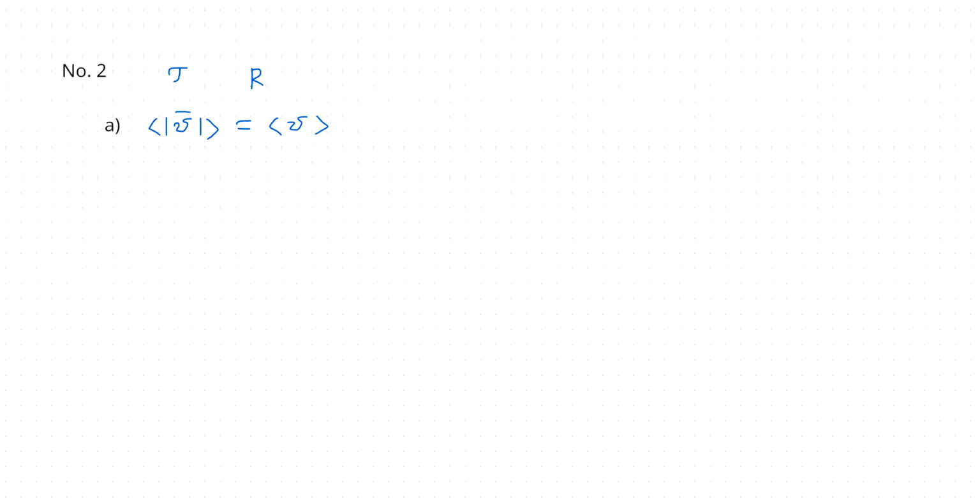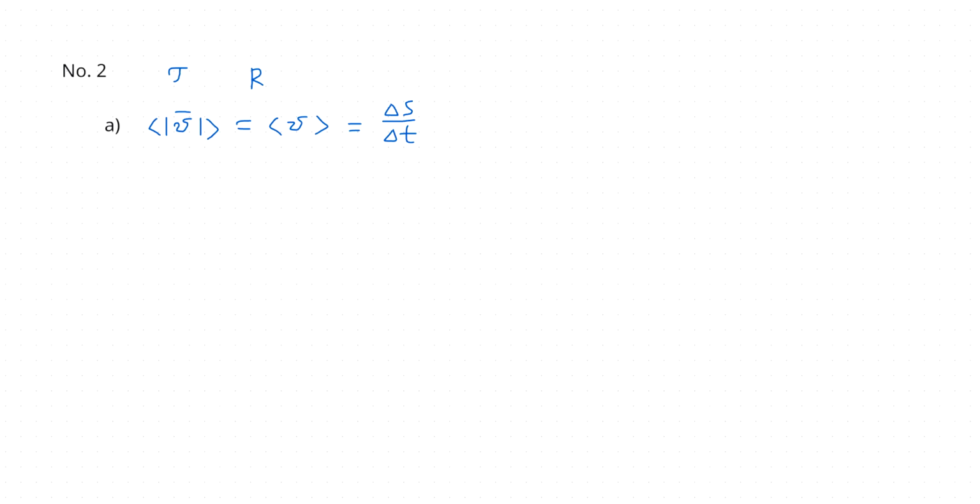But the modulus of average velocity is always equal to full path length divided by full period of time. So it is something like this: delta s, the path length, divided by delta t, the time.